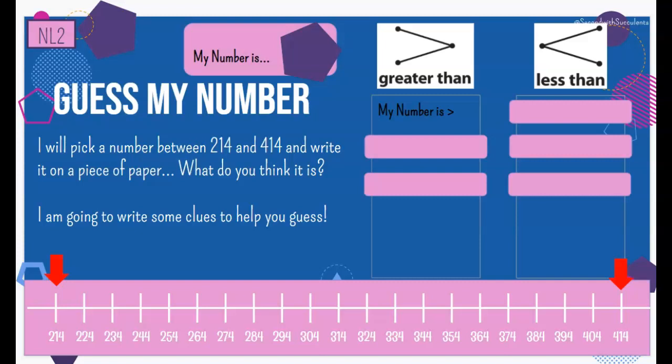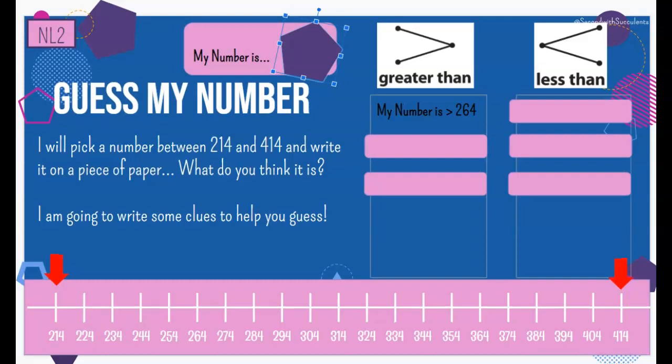Now for Guess My Number, I will pick a number between 214 and 414. Instead of writing it on a piece of paper, I actually have it right under this shape. Now I'm going to write some clues to help you guess what you think that number is. Now let's go ahead and look at our first clue.